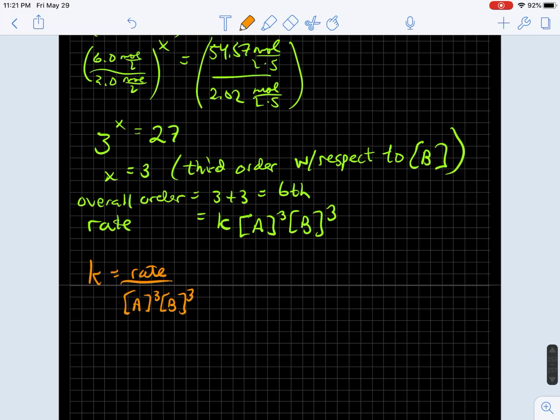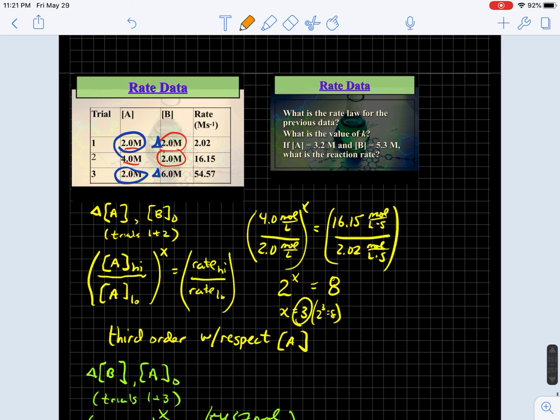A little simple algebra. And now, since the rate constant is a constant, it doesn't matter which data you use as long as you have a rate, a value for B, and a value for A, and you take it from the same trial. So I'm going to take it from trial number 1, where we have 2 molar for each concentration and 2.02 for the rate.